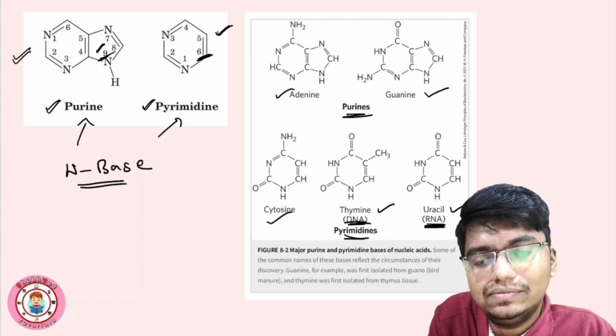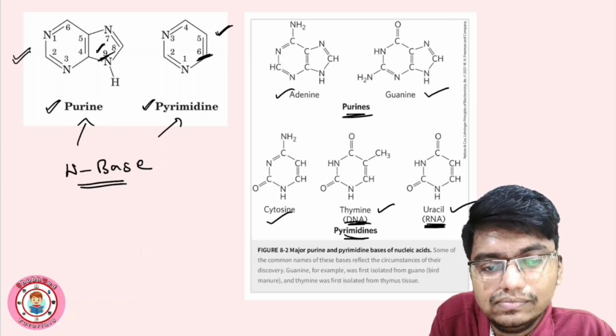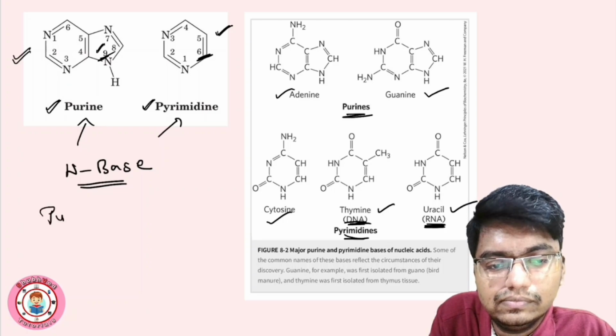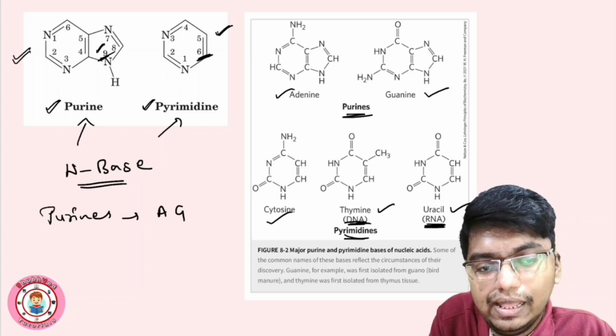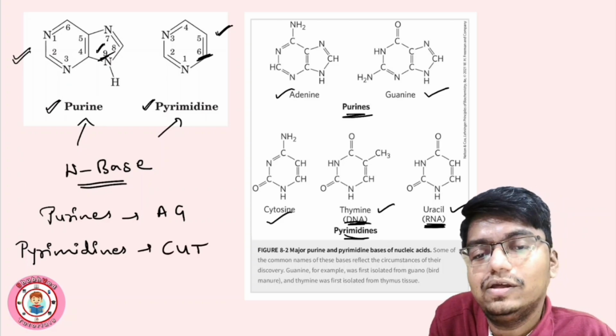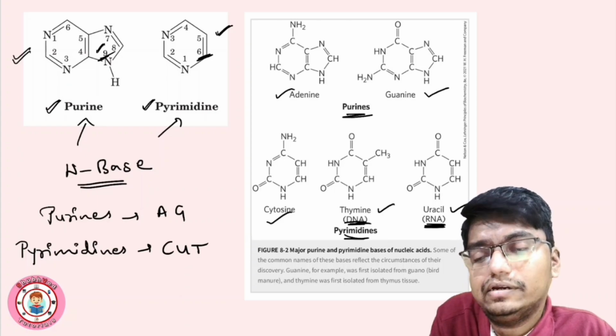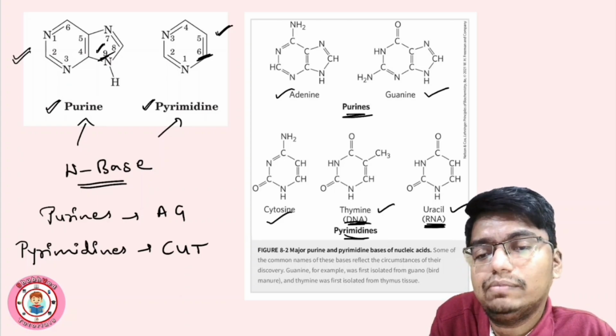Now how to remember these purines and pyrimidines? Purines, AG, and pyrimidines, CUT. Right? Purines, AG, adenine and guanine, pyrimidines, CUT: cytosine, uracil, thymine.